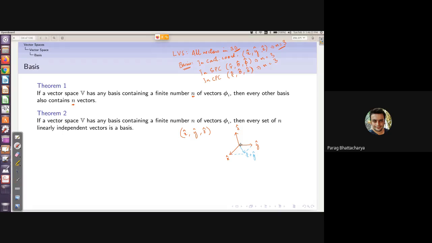And then if I take x cap in the other direction, minus x cap, and do minus x cap plus y cap, or y cap minus x cap, we'll get this one. So this will be y cap minus x cap. And then z cap we will keep the same.